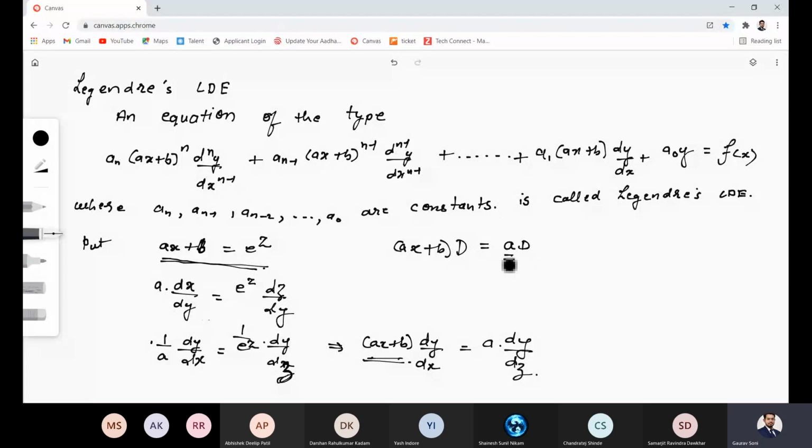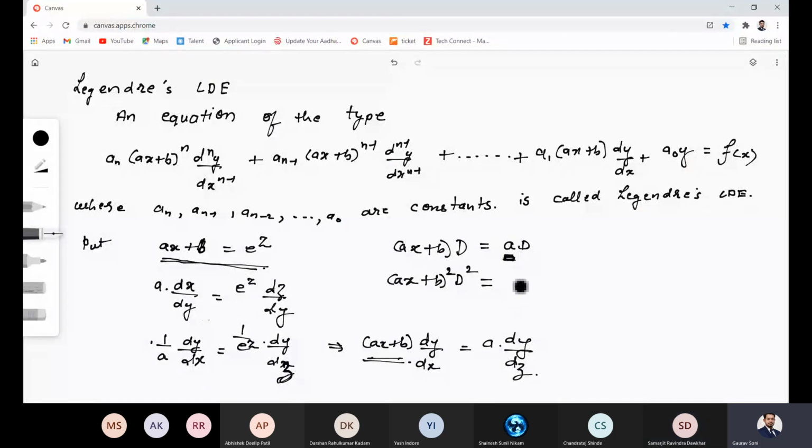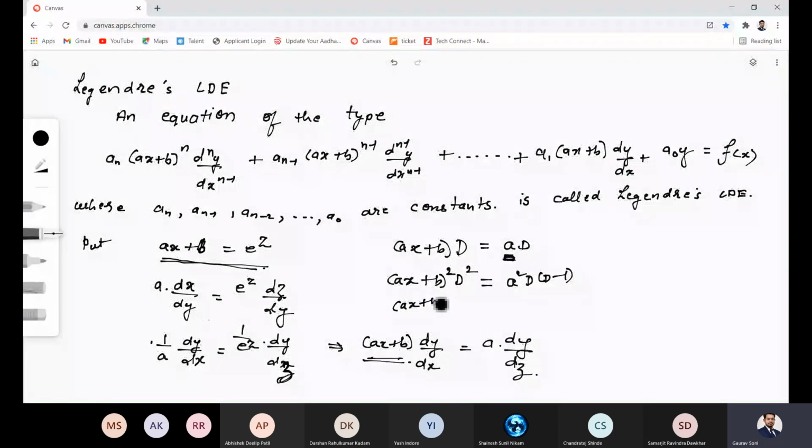So (ax plus b) D square will be replaced by a square D into D minus 1. Similarly, (ax plus b) cube D cube will be replaced by a cube D (D minus 1)(D minus 2).